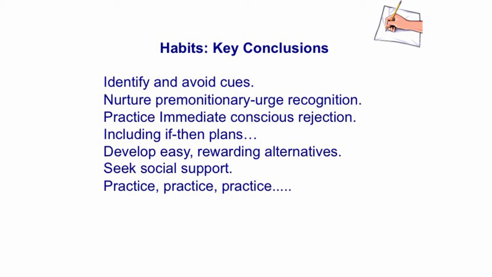And becoming aware of our desires in relation to those cues, feeling that we're about to give up, we're about to do the thing that we don't really want to. And Kessler calls these premonitionary urges. And another important element here is planning exactly what you're going to do when you're in that situation, having a very clear plan, getting social support, and practicing. Practice and more practice is what's required to break and make habits.